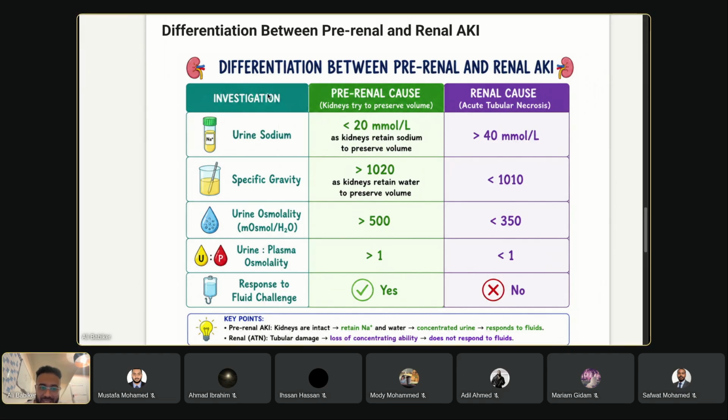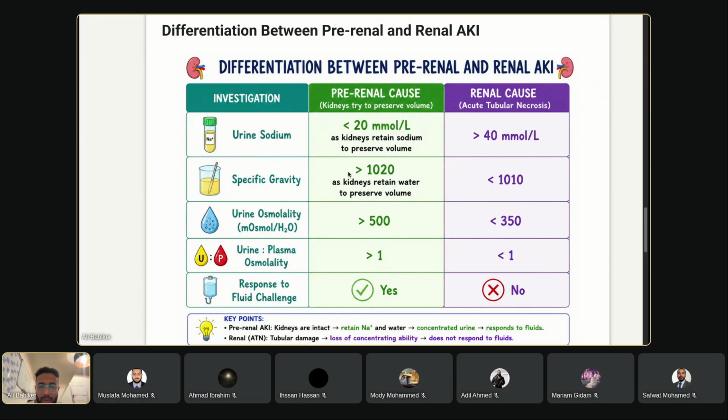Because the patient is dehydrated, right? Pre-renal causes are mostly dehydration or hemorrhagic shock, so the kidney will try to suck in as much water as it can. That's why the urine will be very concentrated. Urine sodium will be less than 10 millimole per liter. Why? Because the kidney will suck the sodium inside to suck the water inside.